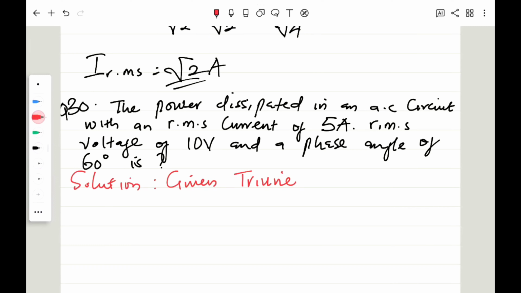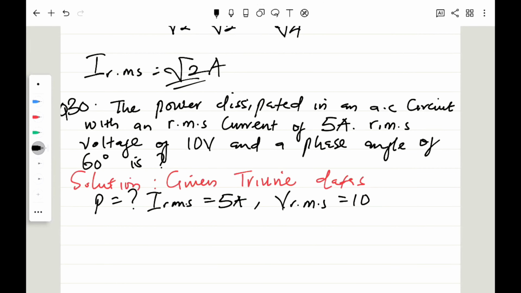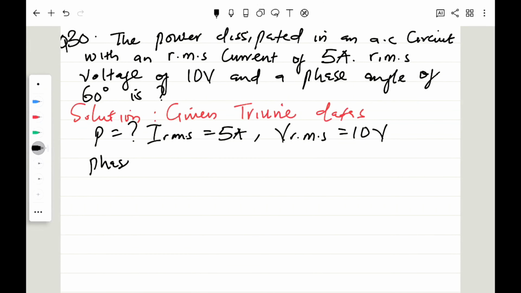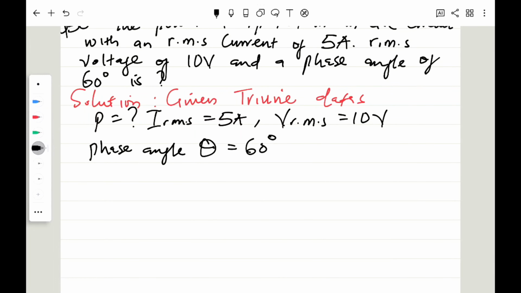So given triune parameters from this question, number 1, we have the power to be unknown. Number 2, our I root mean squared is 5 ampere. Number 3, our V root mean squared is 10 volts. And then our phase angle theta is equal to 60 degrees.